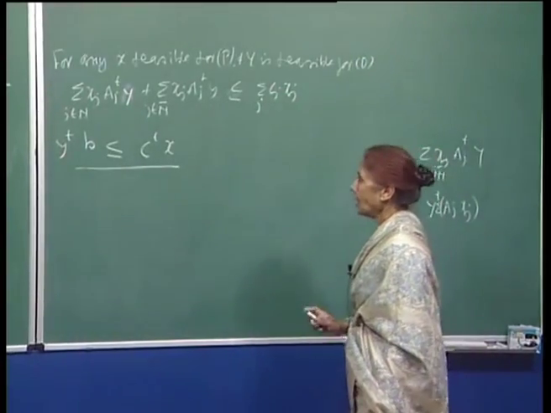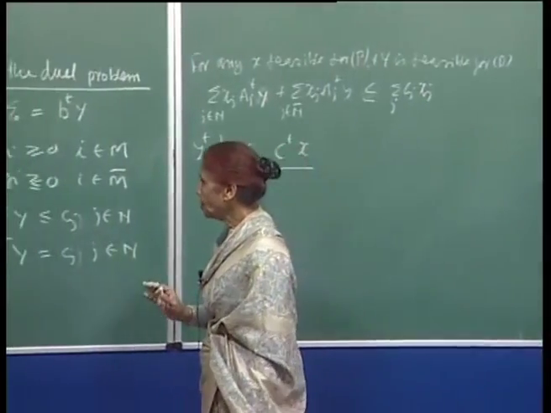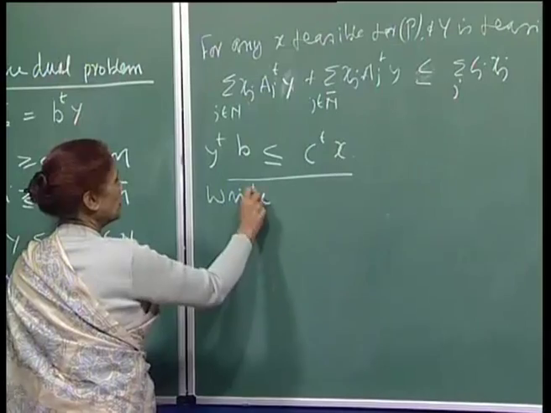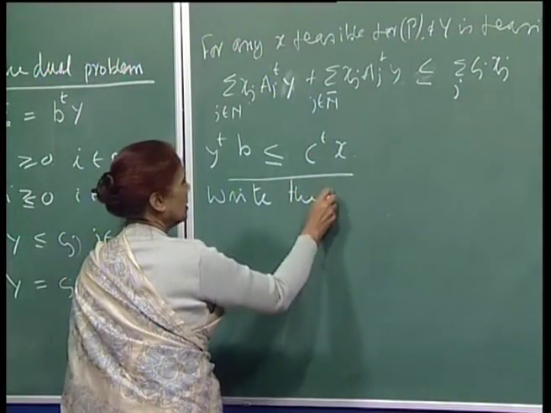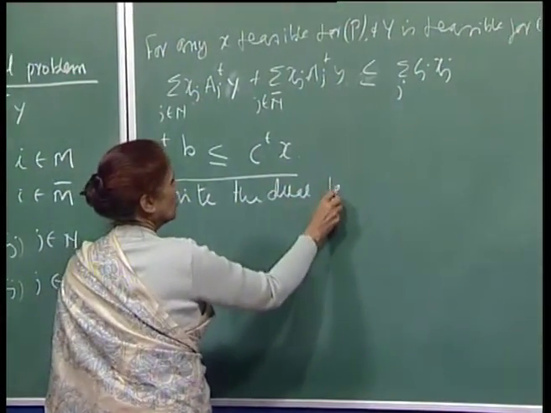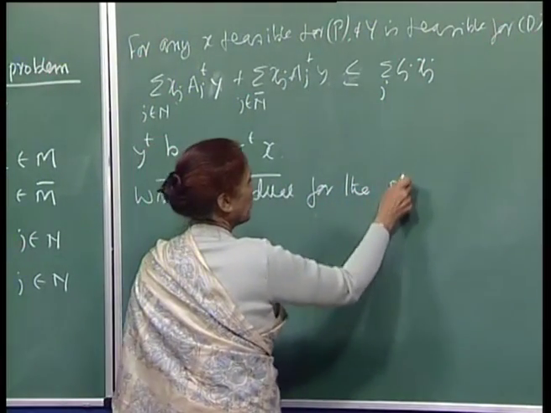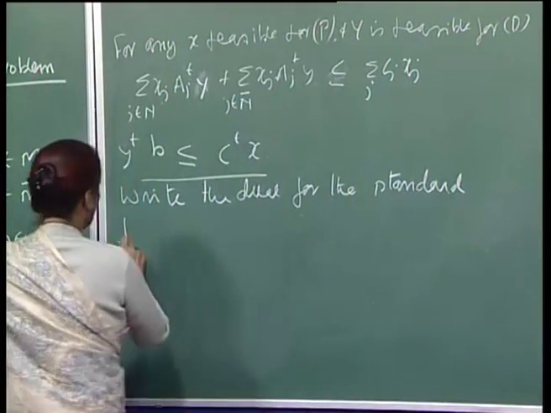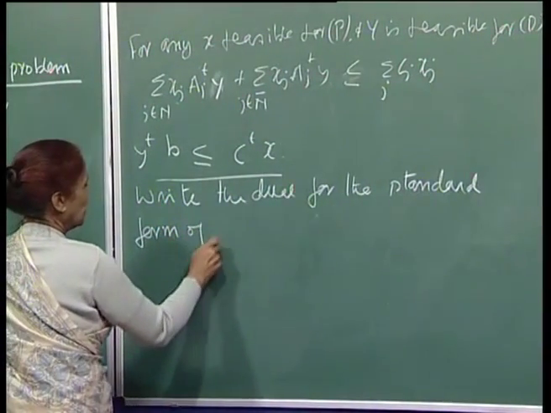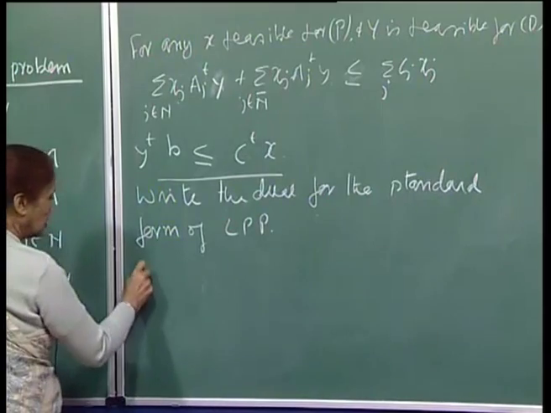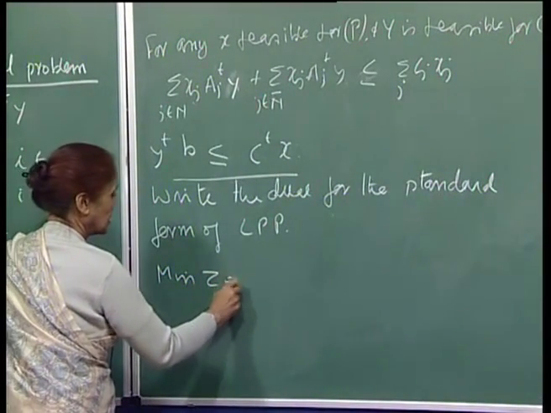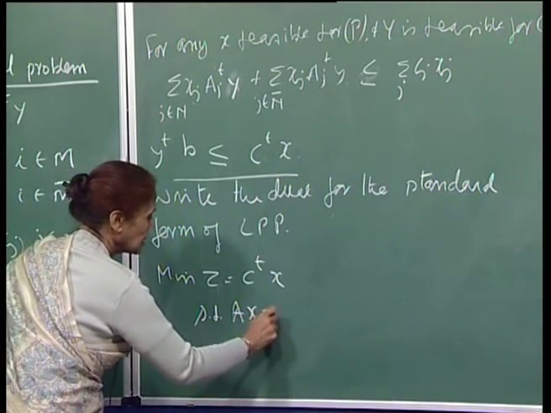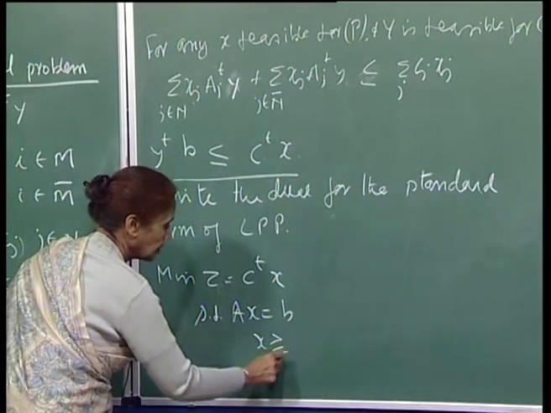And now, as an exercise, I will ask you to write the dual problem. This is a simple exercise: write the dual for the standard form of LPP, which is minimize z equal to c transpose x subject to ax equal to b, x greater than or equal to 0.